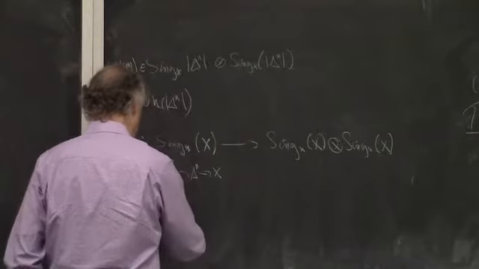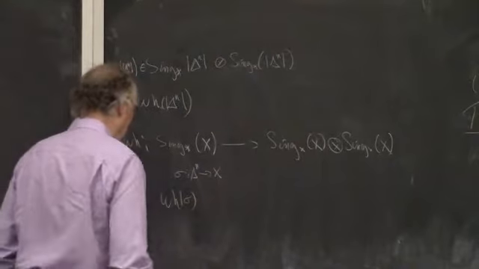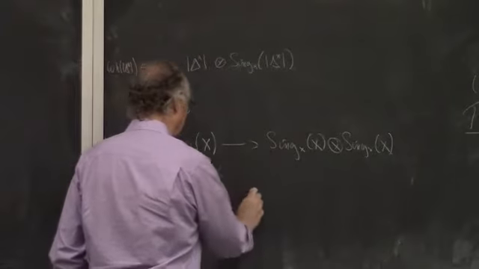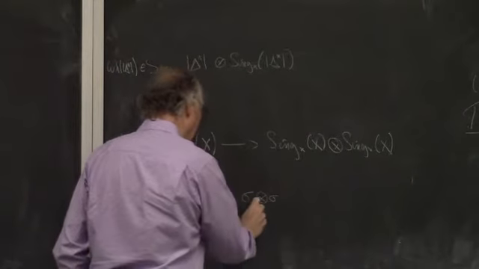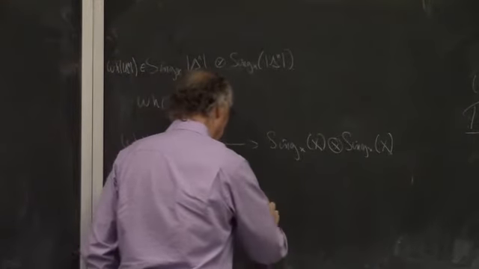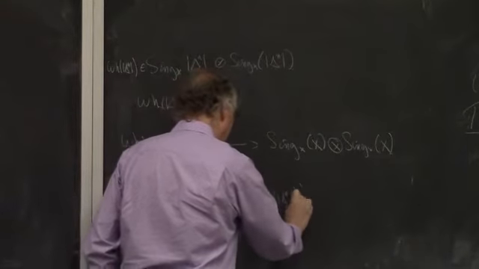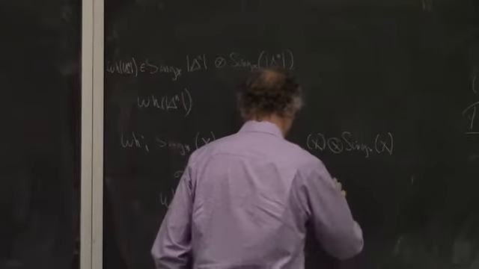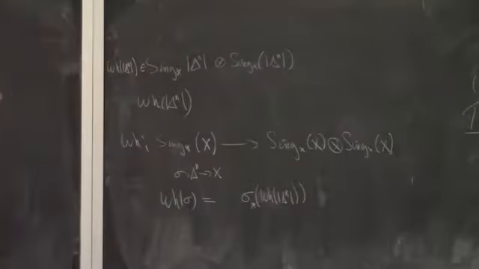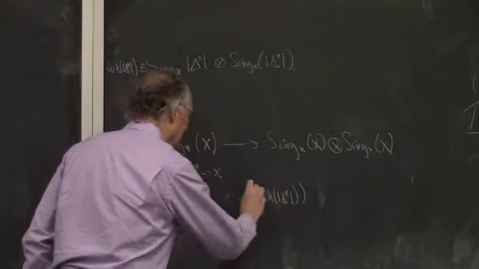So what is Whitney of sigma? Now sigma is an n-simplex. Well, it's simply sigma star of Whitney delta n, tensor. I guess you should call this sigma cross sigma. Not sure what to call it.